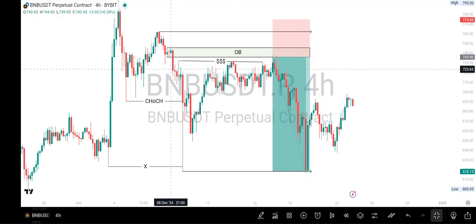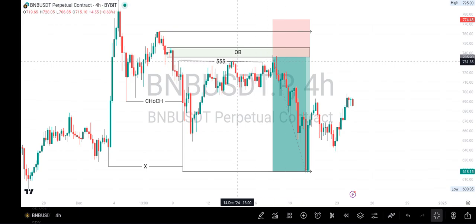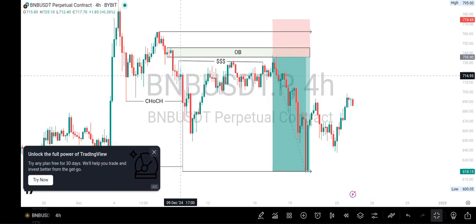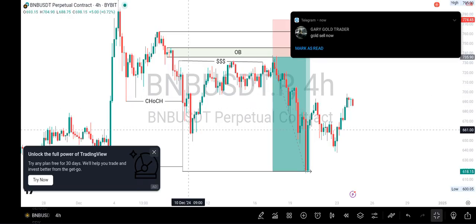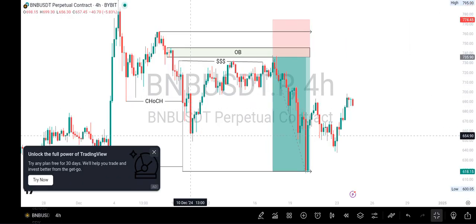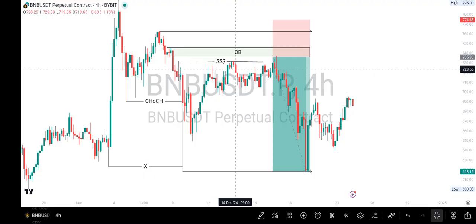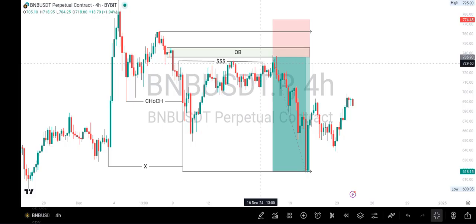Then I saw this swing high liquidity. The market will kind of induce traders: since the market came here, rejected price and moved downwards, sellers started dominating, then it came up here again and moved downwards a bit.